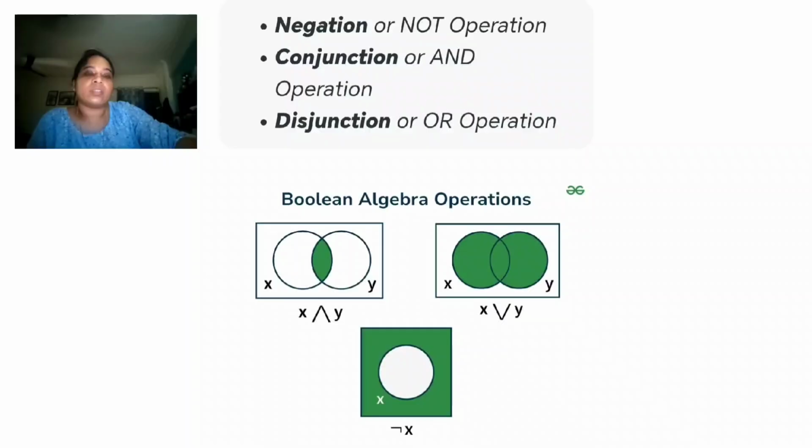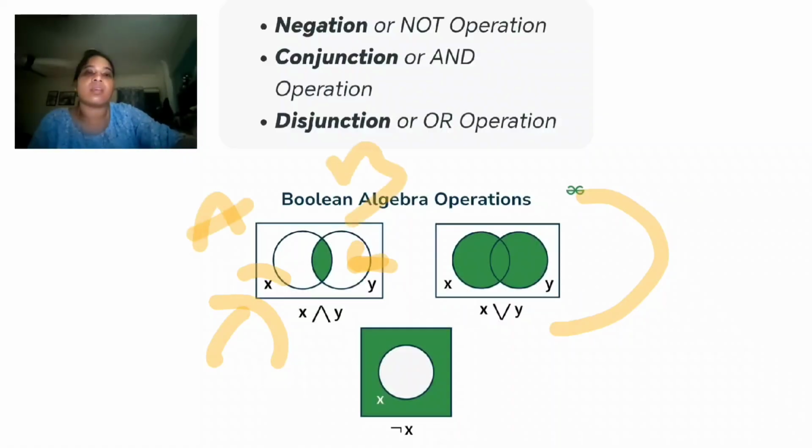This is for AND, and this is for OR. AND means you are going to connect this part and this part. Here they have given x and y; we can take A and B. A is joined with B, or X is joined with Y, that is the AND operation.